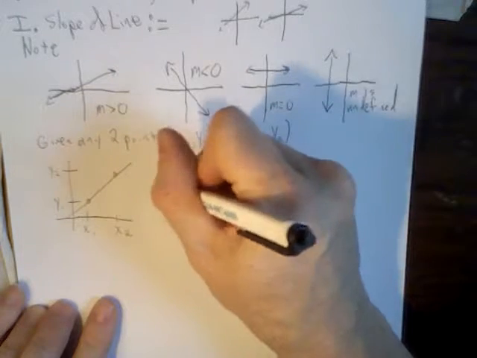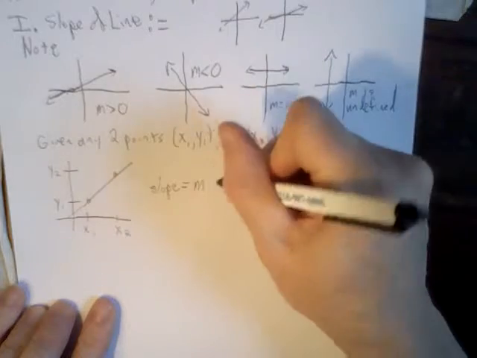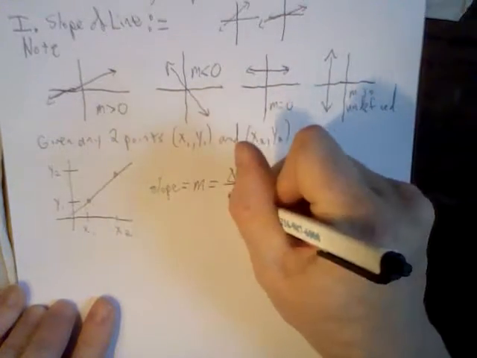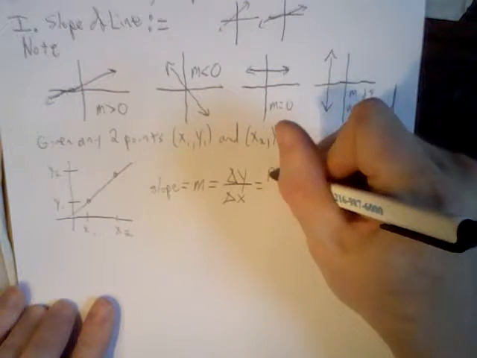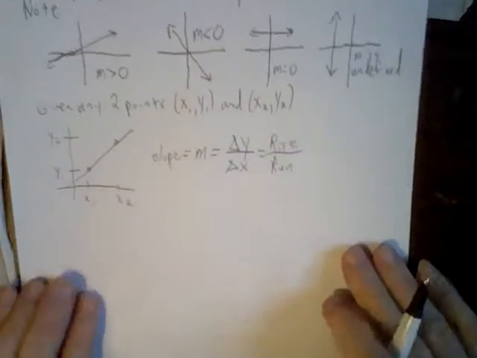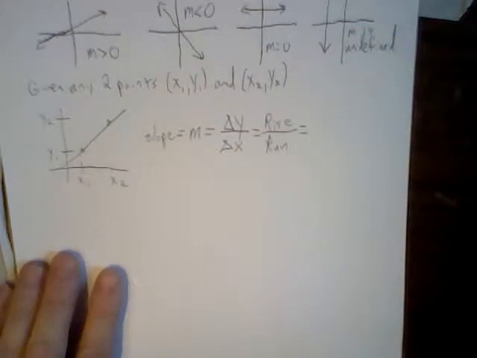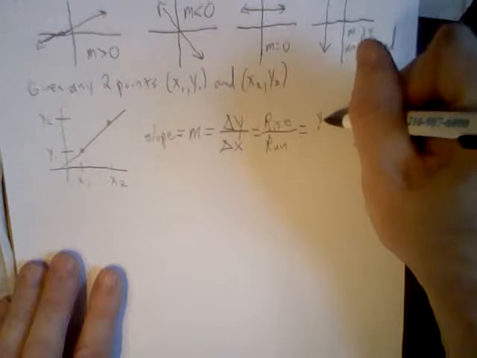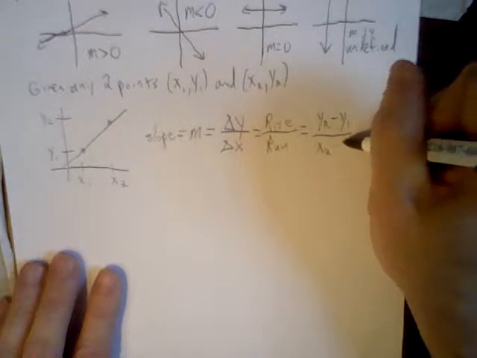We'll say the slope, or define the slope to be, and we're using the letter m, the change in y all over the change in x, which you probably know better as rise over run. And we're going to get a number for this, so a measurement of it using these coordinates. So y2 minus y1 all over x2 minus x1.